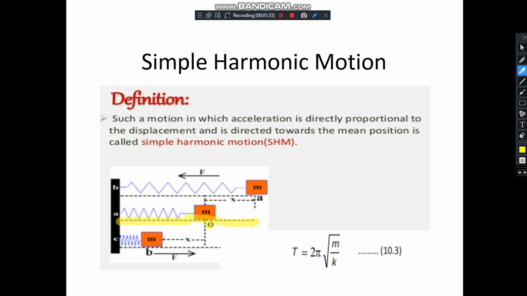But when we apply some force on the mass and drag it to position A, it produces a restoring force, and when we release it, it will move to position B and again be restored by the restoring force. It will begin to move about a fixed point to and fro, and this motion is also termed as a simple harmonic motion.